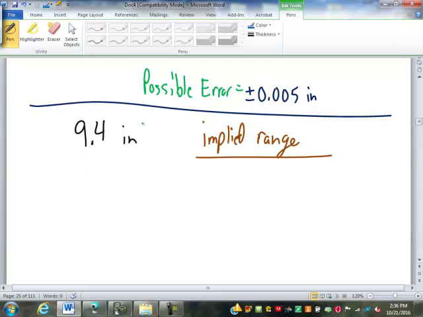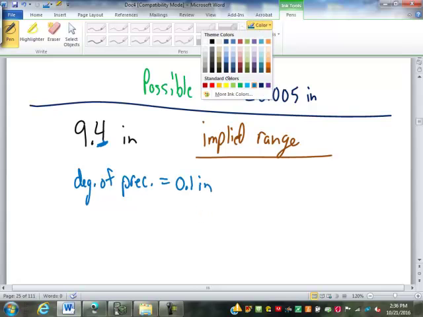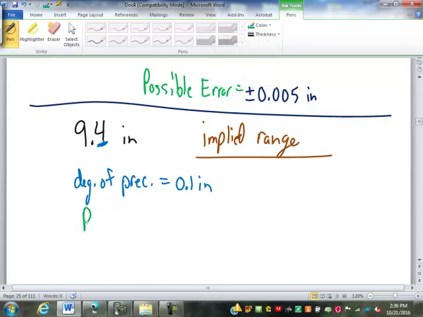So we go through what we've done already. Degree of precision. What degree of precision is implied in this measurement here? Well, the last digit is the tenth of an inch, so 0.1 inches. So that implies a possible error.